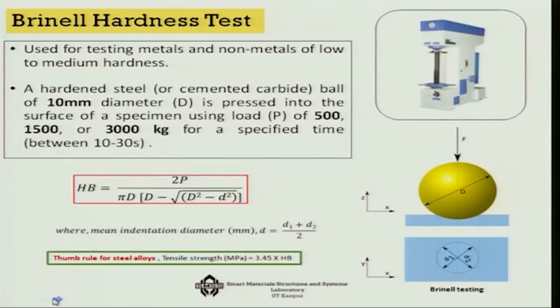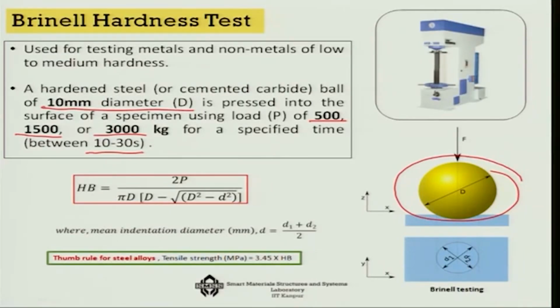Here, the indentation is done not by a cone, but by a hardened steel ball, or sometimes a cemented carbide ball, of 10 millimeter diameter, generally capital D, which is pressed into the surface of the specimen using a load P of either 500 kg, 1500 or 3000 kg for a specified time, generally between 10 to 30 seconds.